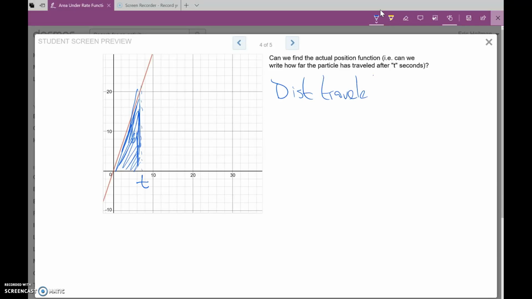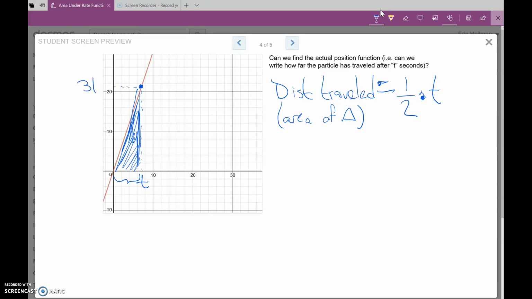So the area of this triangle is 1/2. The base is just t, right? So that's the base of this. And then the height, whatever the value of t is, the height is 3 times t.